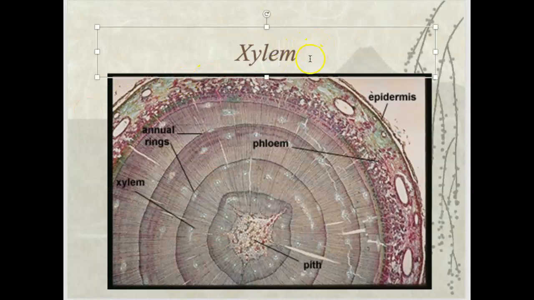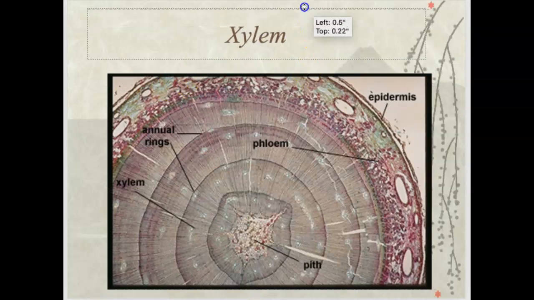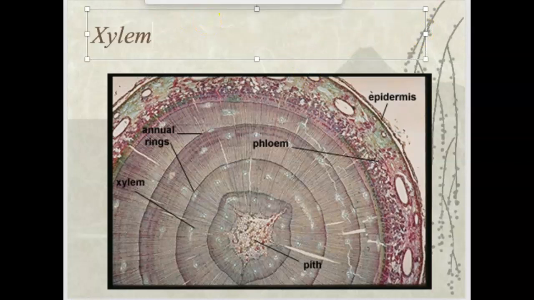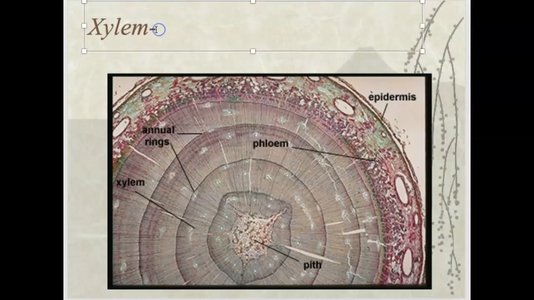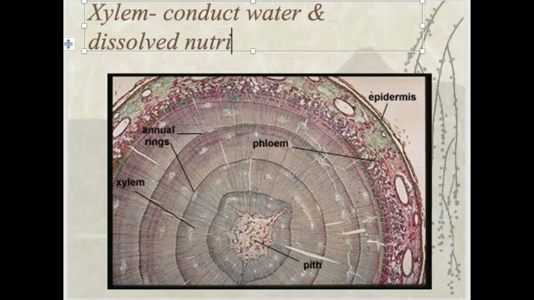Now, xylem is going to be a vascular tissue that is primarily responsible for moving fluids. So the xylem is mostly going to conduct water and dissolved nutrients. Okay, so it's going to conduct these two substances.